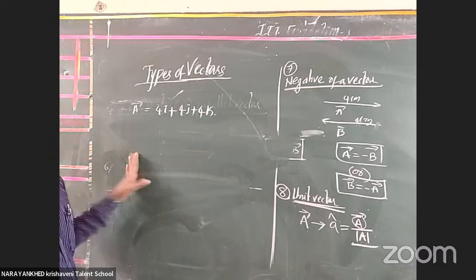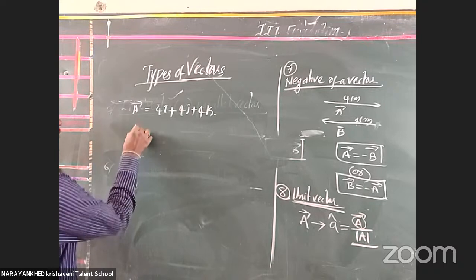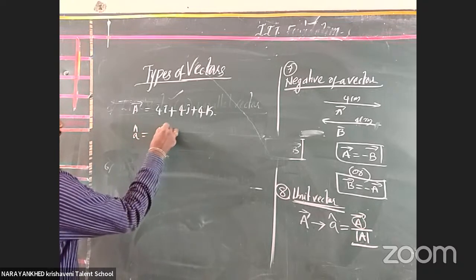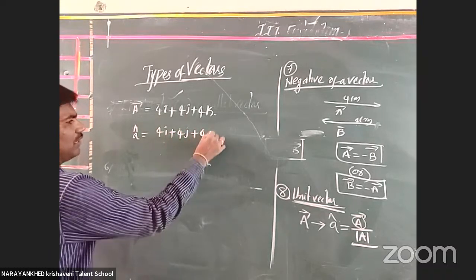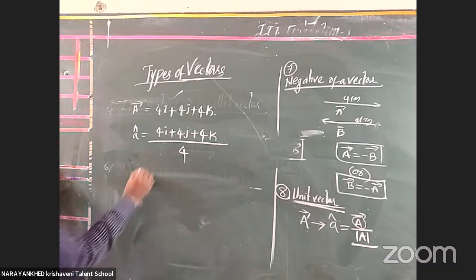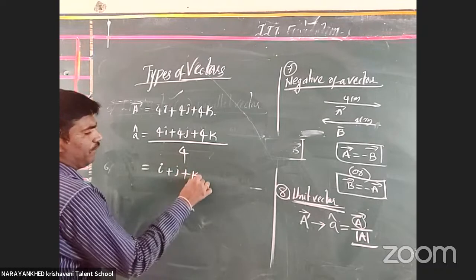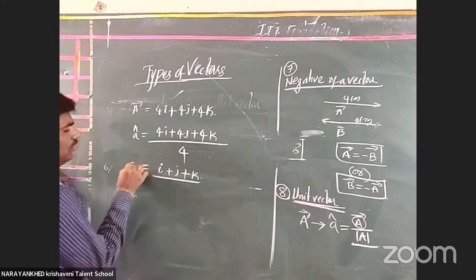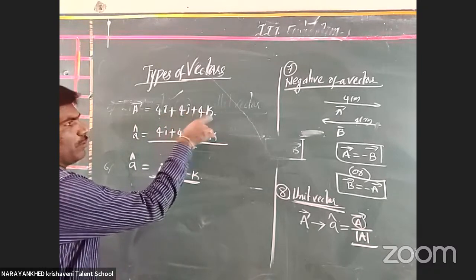How do we find the unit vector of it? A cap is a bar divided by 4 here. Clear or not? Now it becomes i plus j plus k. This is the unit vector of the vector 4i plus 4j plus 4k.